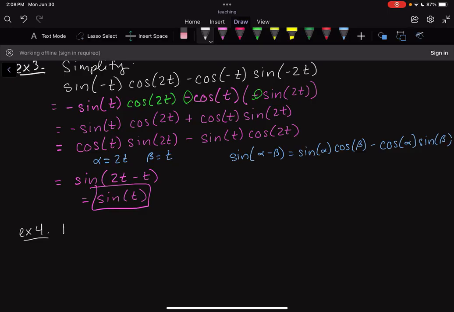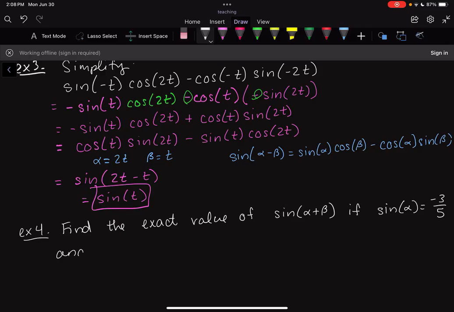So example 4, I'll say find the exact value of sine alpha plus beta if sine alpha is equal to negative 3 over 5 and cosine beta is equal to negative 1 over 3, with alpha in quadrant 4 and beta in quadrant 3.